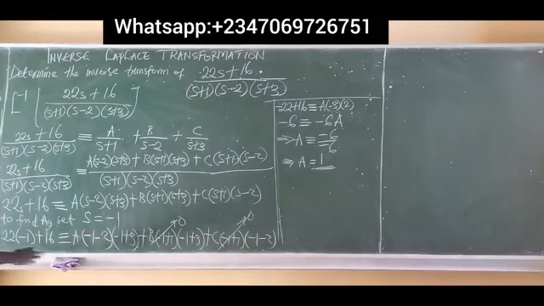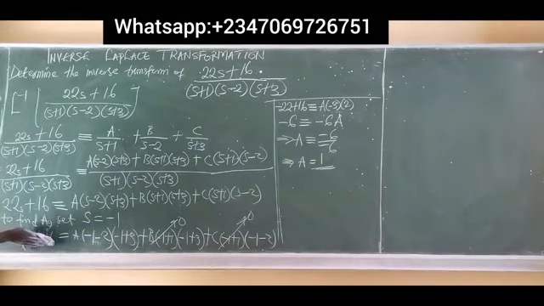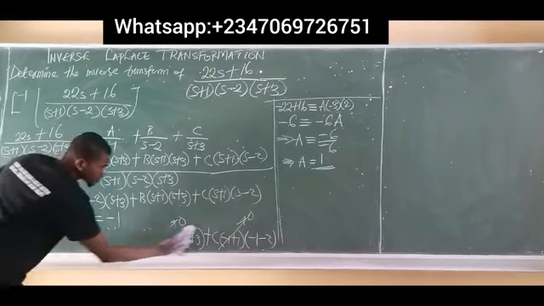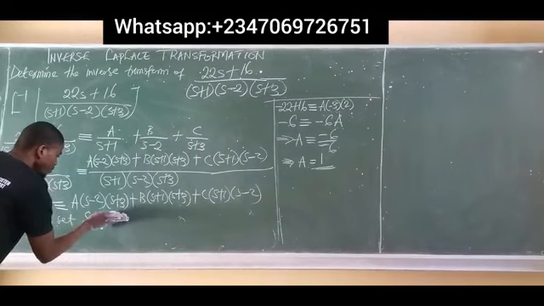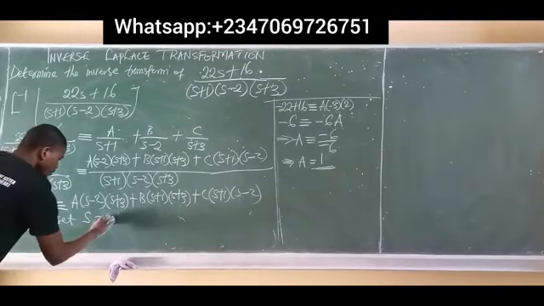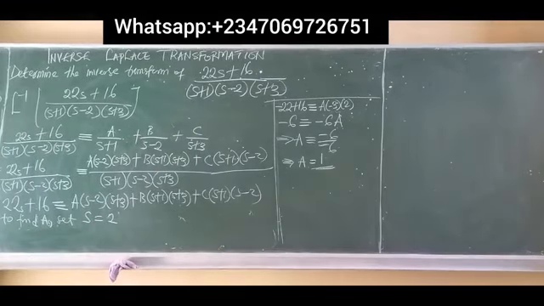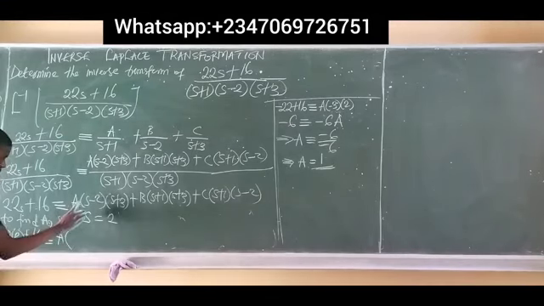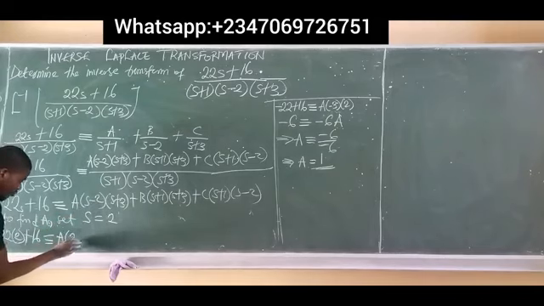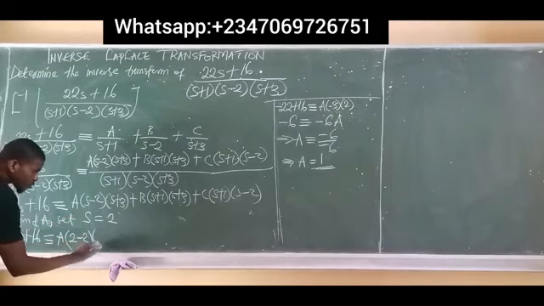Hence, to find b, we can still do it over here. So to find b, you simply set the value of s to be equal to plus 2. So wherever you see s, put in the value as plus 2. I have here 22s, this becomes 22 times 2 plus 16, and this is equivalent to, I have here a into s minus 2, and s is now 2, so 2 minus 2, into s plus 3.